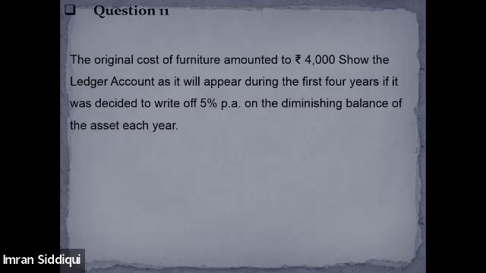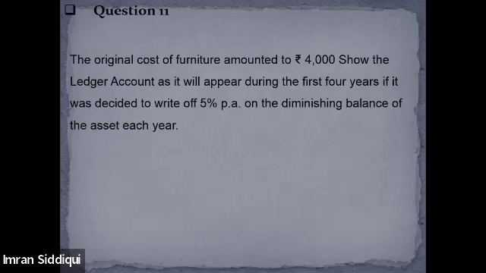The question is pretty simple. It just tells us about the cost of furniture. Nothing else is being purchased or sold in the year. All it requires us to do is prepare the ledger and calculate depreciation by applying the WDV method. So this is an easy question. I'm sure all of you will also be able to solve this.